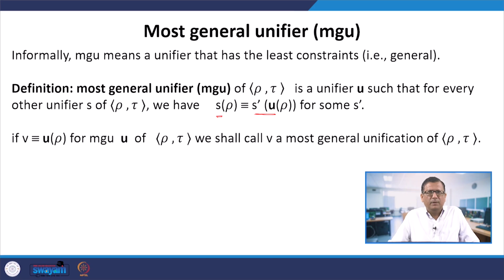This is the meaning of most general unifier. That means if V is the same as u of rho for the m.g.u u of rho tau, we call V a most general unification of rho.